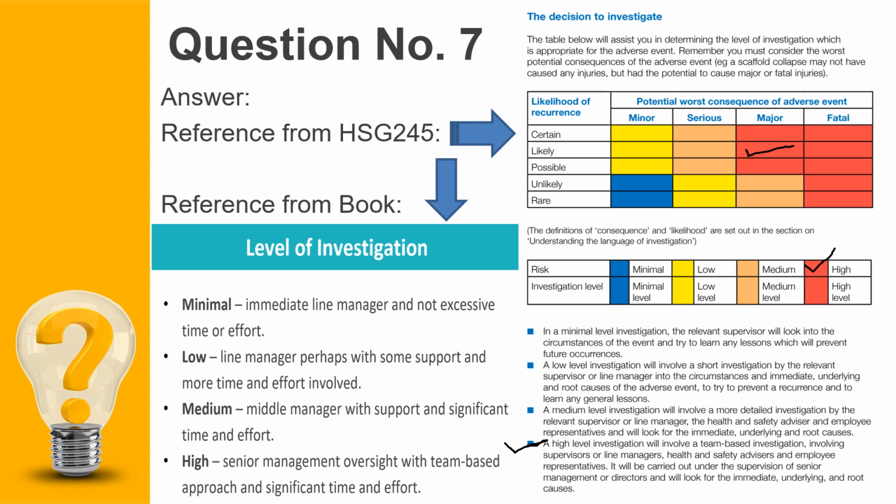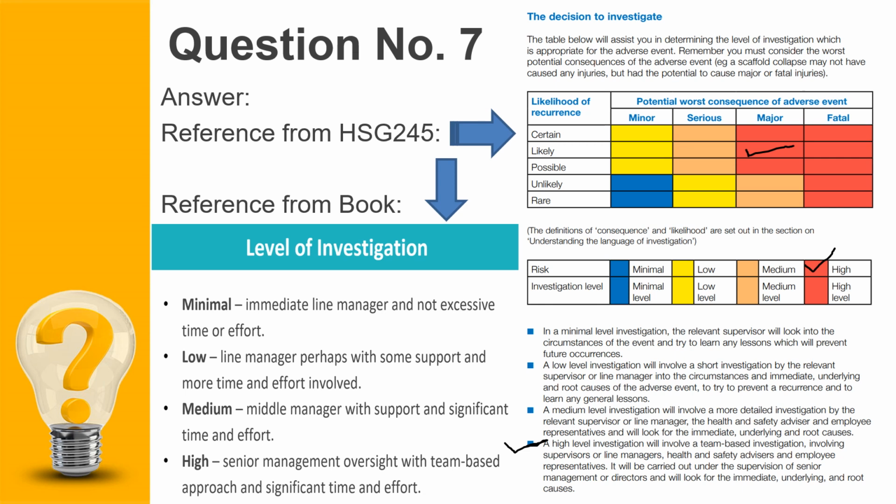So going down, point number 4, which is marked here, what are we going to do if our risk is high? A high level investigation will involve a team-based approach of investigating involving supervisors and line managers, health and safety advisors, and employee representatives.